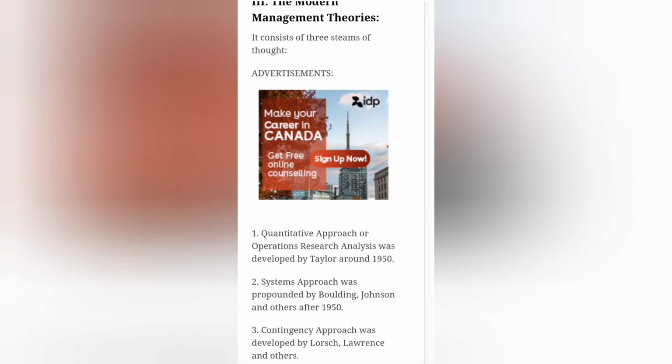Now we'll understand the modern management theory, which consists of the quantitative approach, then the system approach, and then the contingency approach. This comes from 1950 to present.